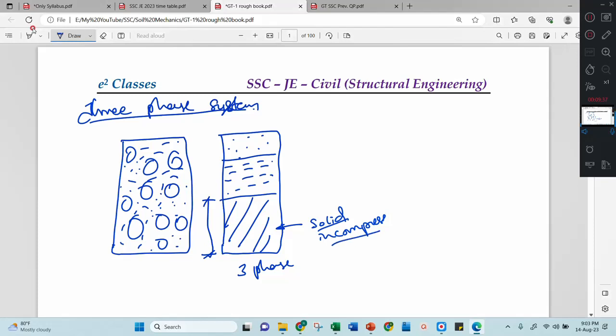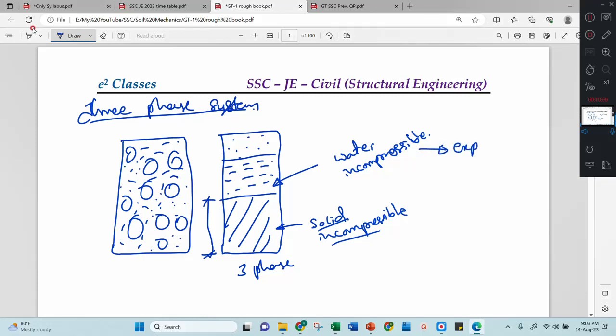Therefore, incompressible means you cannot further compress this volume. Then water is also incompressible. This you already know. Water is also incompressible. But water can be expelled.